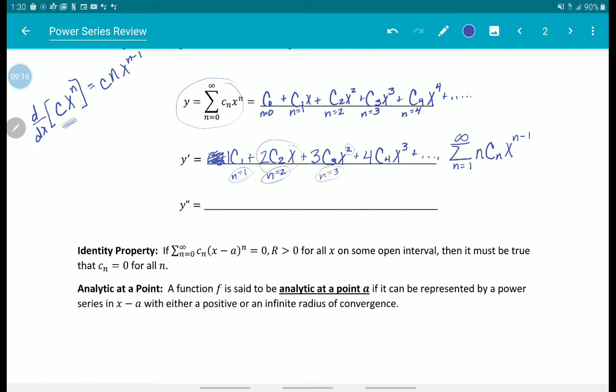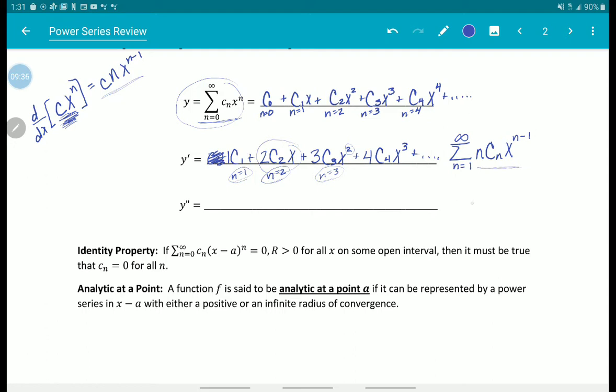But if we were to take the derivative of this guy, this would just be one term. It would look like this. Look what happens when we took the derivative of this. When we took the derivative of that, it really does look the same way. Notice that the index did change here. The reason we changed that index is because we lost a term.